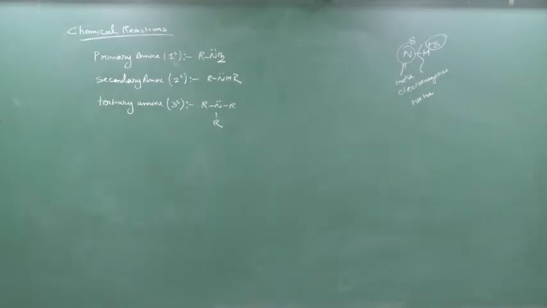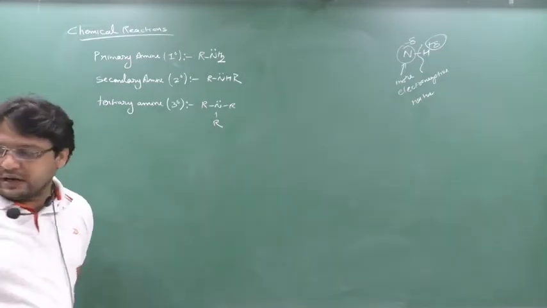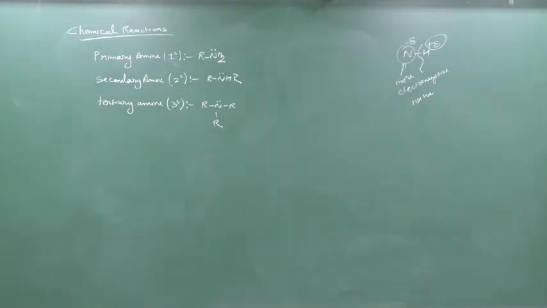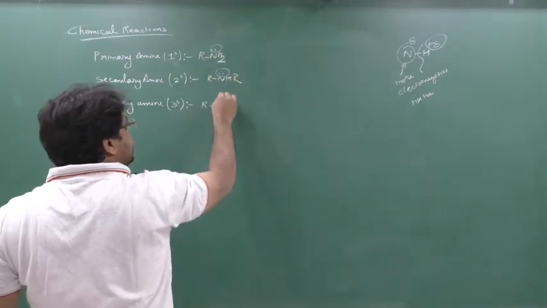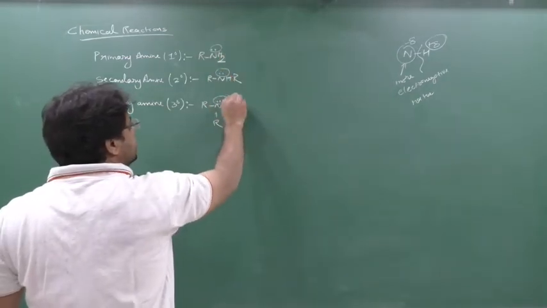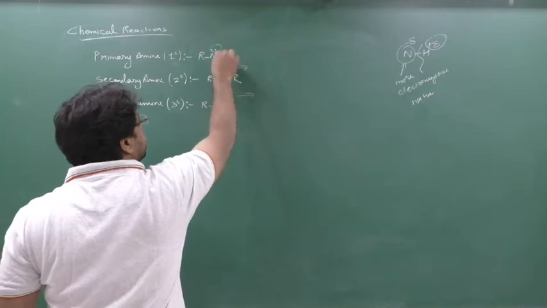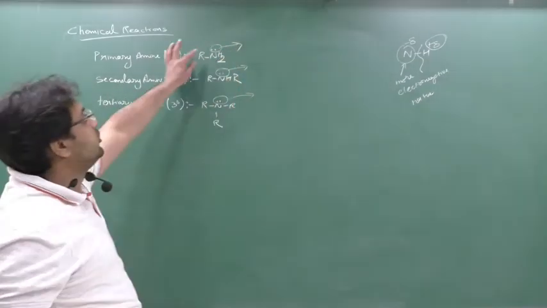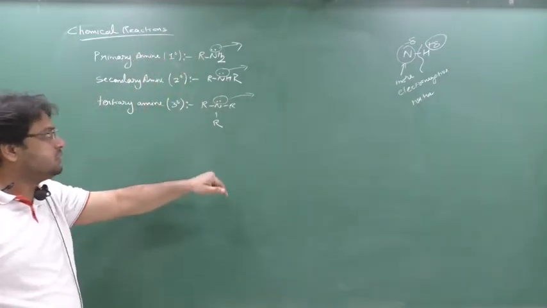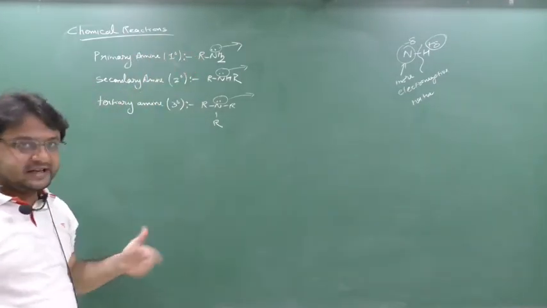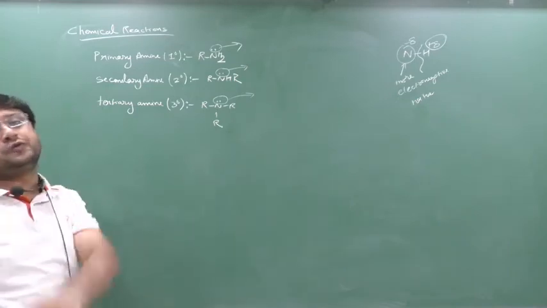Next point, now next point very important. See, there is a presence of lone pair on this nitrogen. So when there is a presence of lone pair on this nitrogen, it means this nitrogen lone pair can be donated. So due to the presence of lone pair on the nitrogen, donating of electrons takes place, due to which these amines will act as base as well as nucleophile. Clear this part?